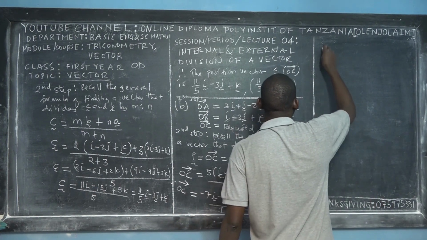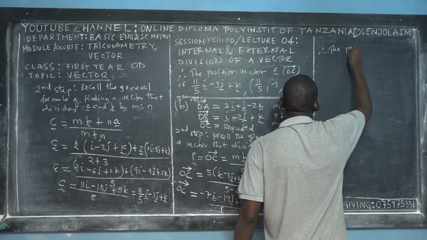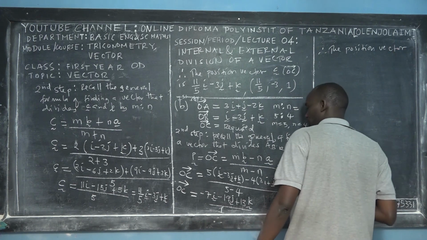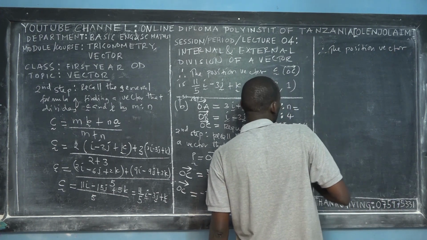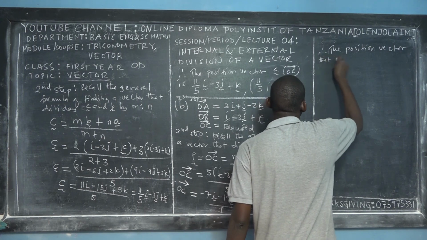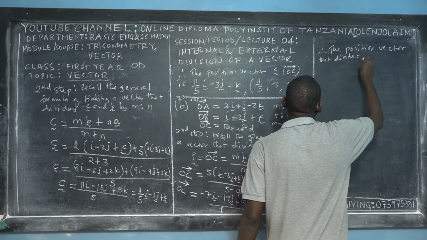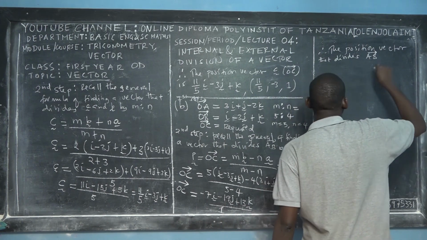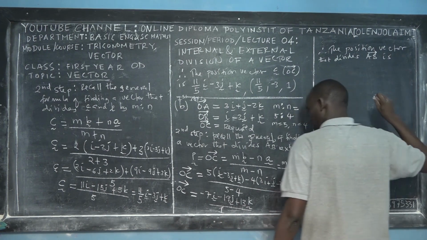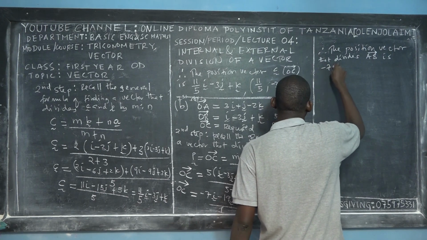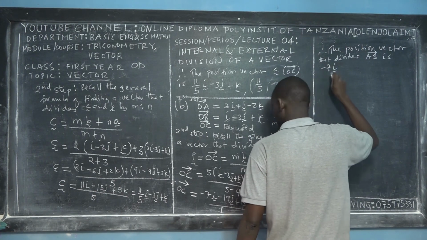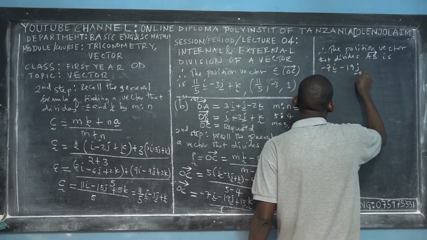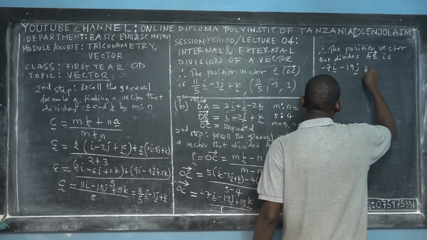So then this is said that therefore the positional vector that divides vector AB is negative 7i, then minus 19k, then plus 13k.